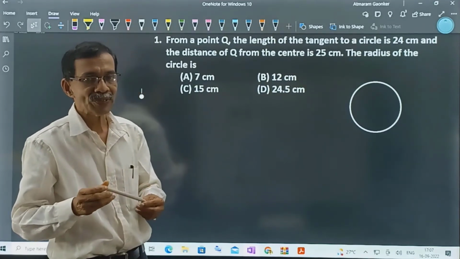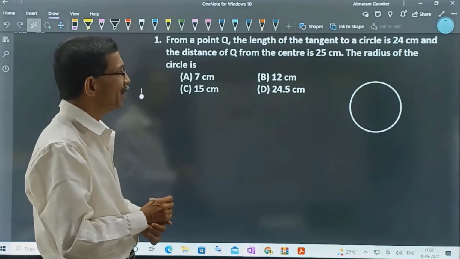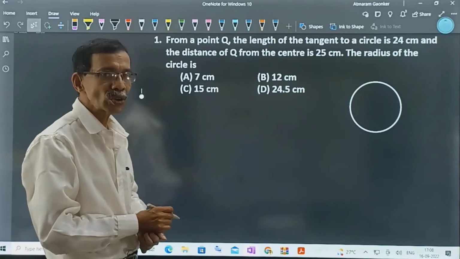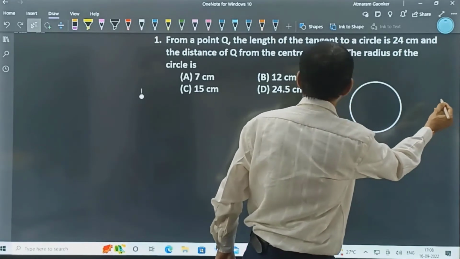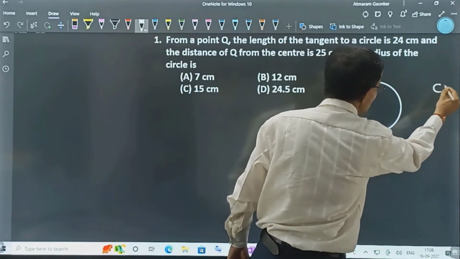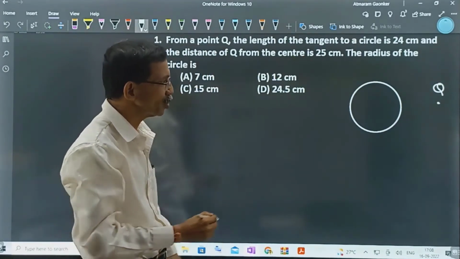So let us start with the first problem. The first problem: from a point Q, the length of the tangent to a circle is 24 centimeters. So that means that point Q is outside the circle. So let me start with this point Q. So this is point Q, and from Q, the length of the tangent is given as 24 centimeters.